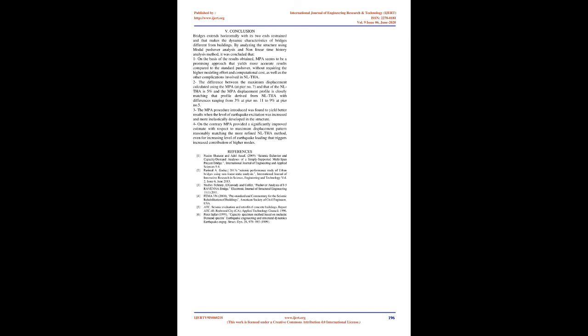4.3 Total base shear and plastic rotations. In order to further evaluate the results obtained from the MPA analysis, comparison is also performed for total base shear and plastic hinge rotations at the bottom of piers between results from MPA and the corresponding values from the NLDHA procedure for increasing levels of earthquake excitation.